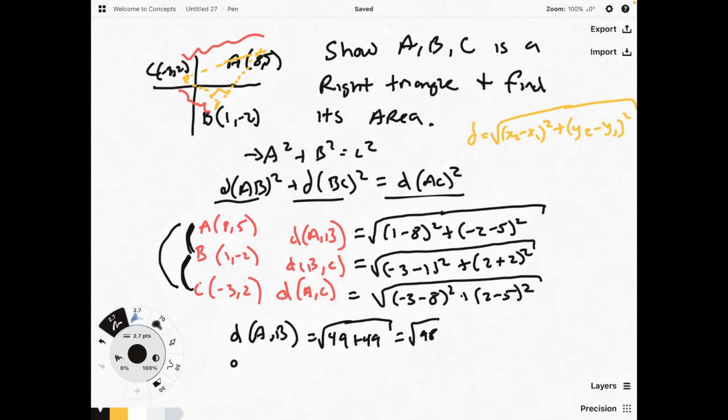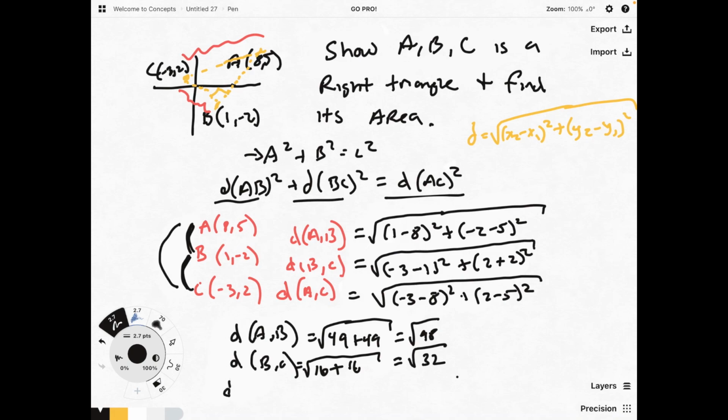All right, looking at our distance between B and C, we have -3 minus 1, which is -4, and we square that. -4 squared is 16, plus 2 plus 2, which is 4. 4 squared, 16. So this is equal to the square root of 32.